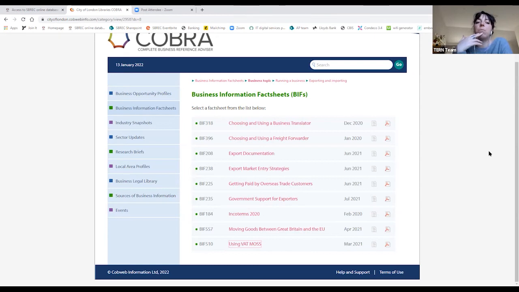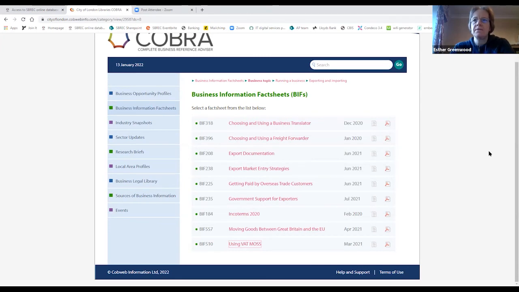To what level can we rely on COBRA to keep business owners up to date with these shifting and changing regulations? Is it updated every week? Is it updated as soon as things are known? Is it 100% safe to assume that whatever you see on COBRA is the current regulation?